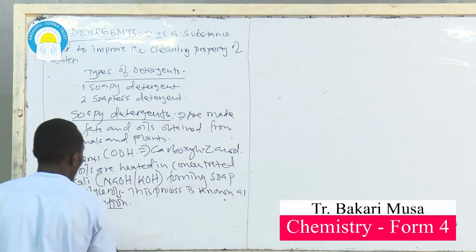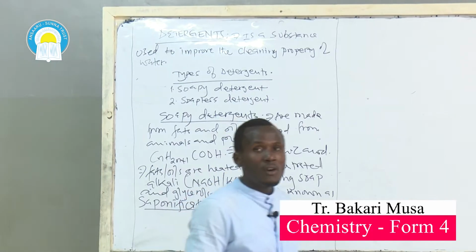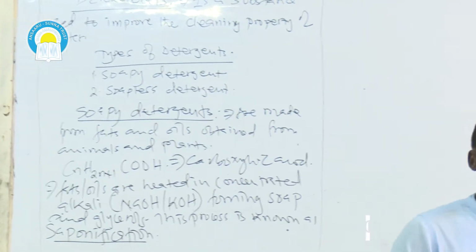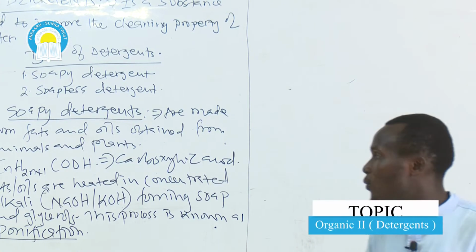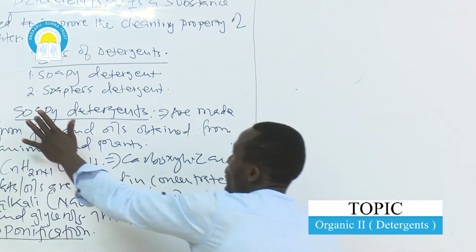So saponification is the process of heating fats or oils in concentrated alkali in order for us to make soaps.